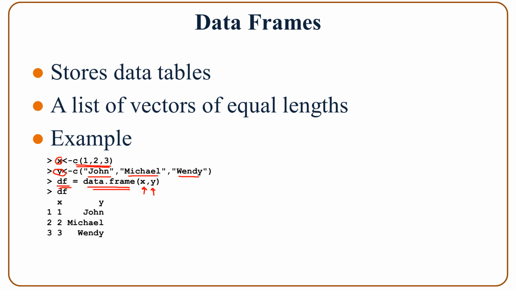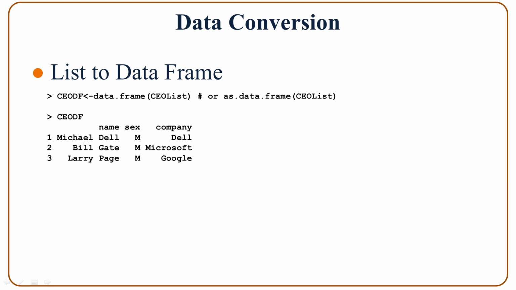And this is actually a data frame with this as the first and that as the second column, made from the 2 vectors. And basically you can convert a list to a data frame. So just call the data frame function and give it a list, then it converts each component into a column. So this is an example, right?